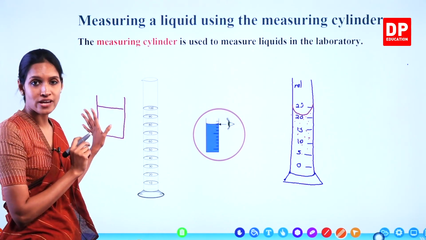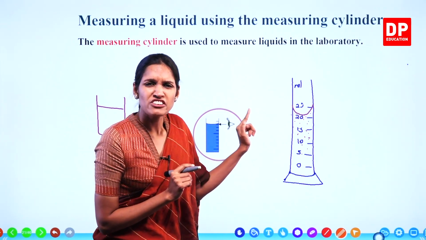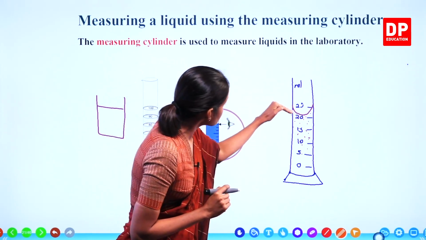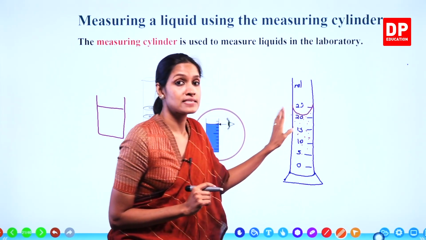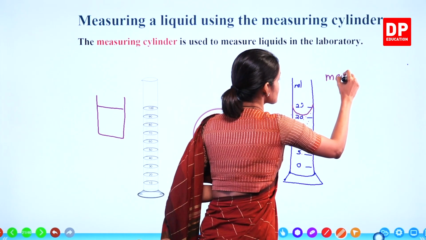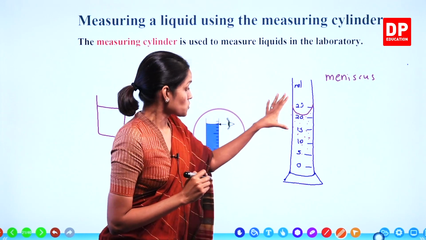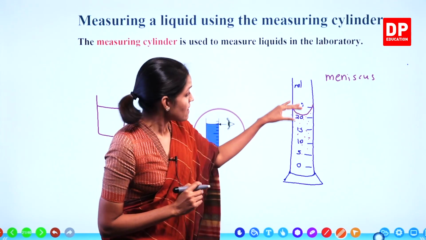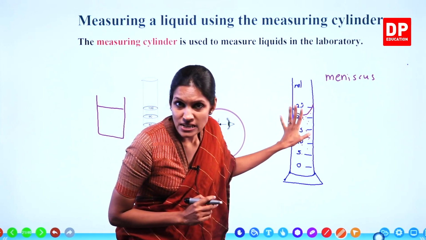The surface is flat. But remember, children, if you observe clearly, the upper surface is curved. This curved surface is known as the meniscus. What is the term? Meniscus. So when you consider a liquid, the upper surface is curved and this is known as the meniscus.